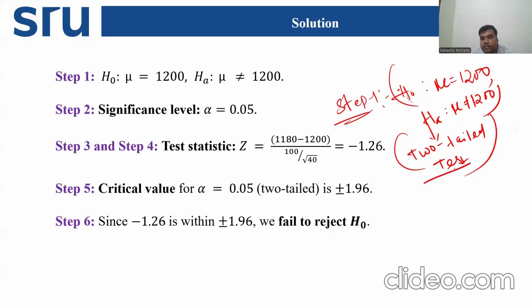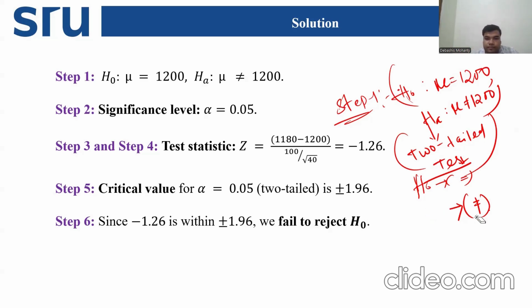H naught is equal and H A, the alternative hypothesis, is not equal. In the null hypothesis we are assuming that the mean is equal to 1200 hours, the average lifetime. And in the alternative hypothesis we check that mu is not equal to 1200 hours. So both things are very important.